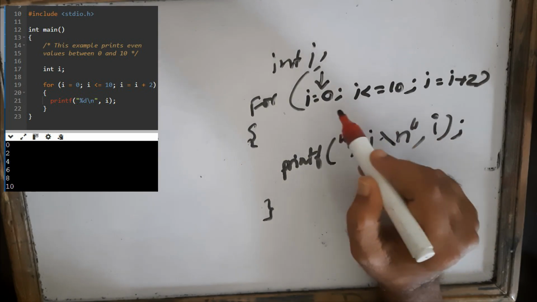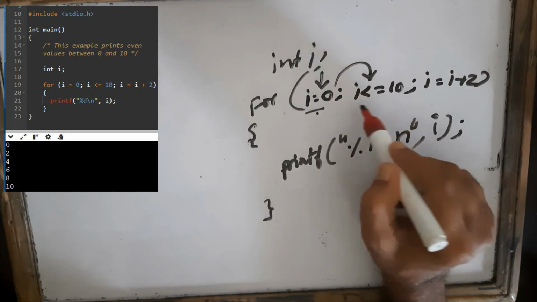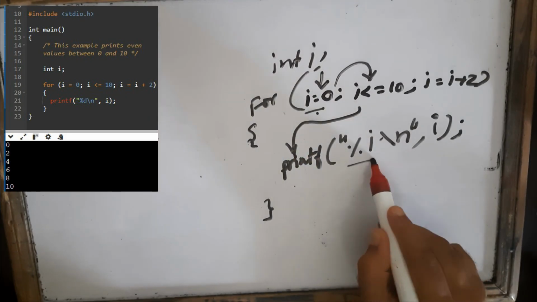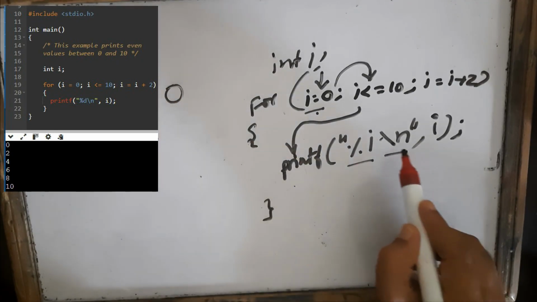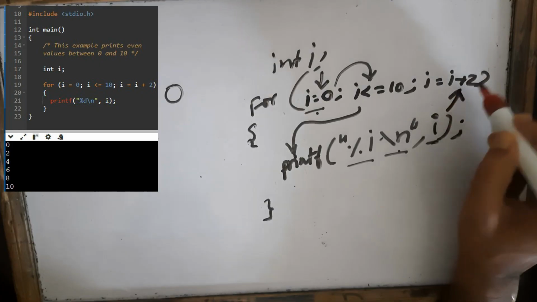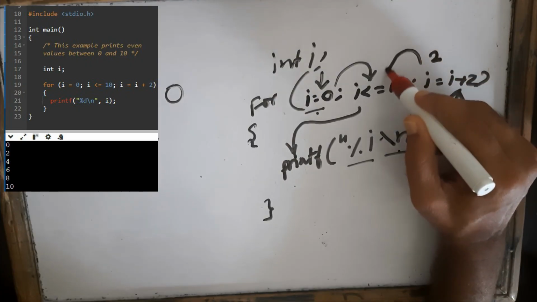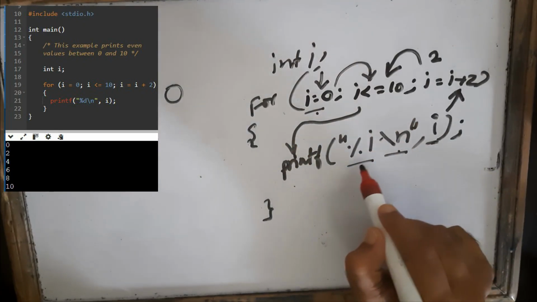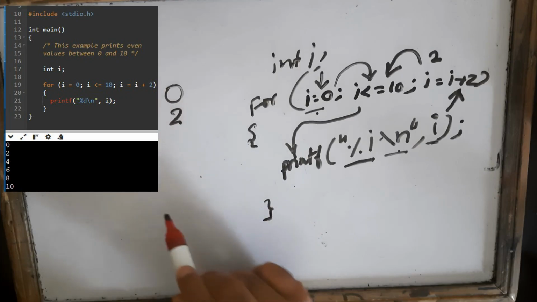This will be the first statement, so i becomes 0. Then it checks the condition, i is less than or equal to 10, yes, so it prints 0 and gives the next line. After this it increments, i equal to i plus 2, so 0 plus 2 means i becomes 2. It checks the condition, yes, and prints 2.